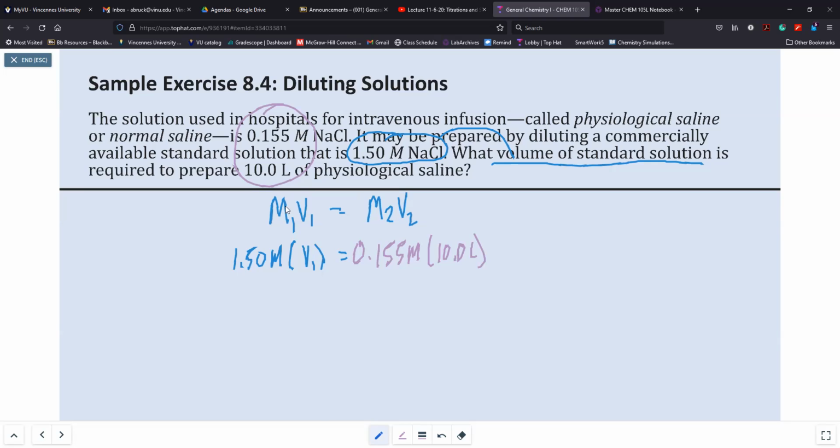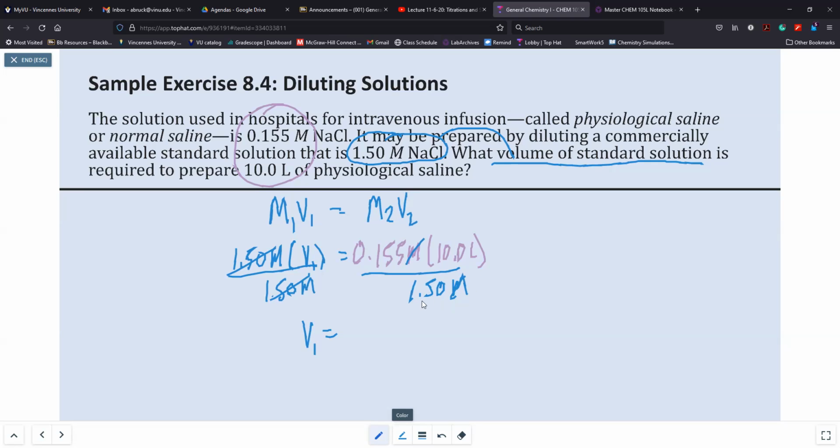So that's the other side of this equation. Now, to do the algebra, all we need to do is divide each side by 1.5 molar. That will cancel out the 1.5 molars on the left-hand side, leaving us with just V1. That'll cancel out the molarities on the other side, leaving us with liters.